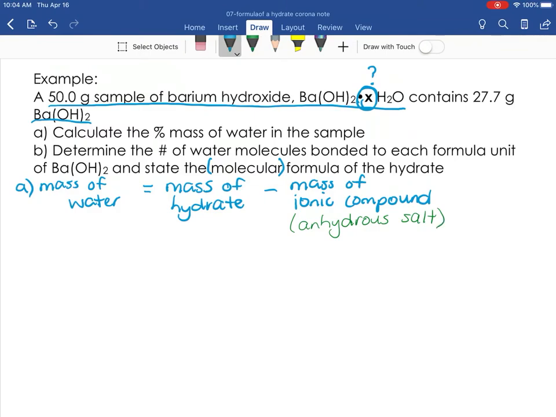Salt is a common name for an ionic compound, a compound that contains a cation and an anion. Anhydrous because it is missing its water, right? That AN means no water, but it doesn't matter. So 50 is how much the hydrate weighs, and the barium hydroxide itself is 27.7, which means the difference between them is 22.3 grams of water.